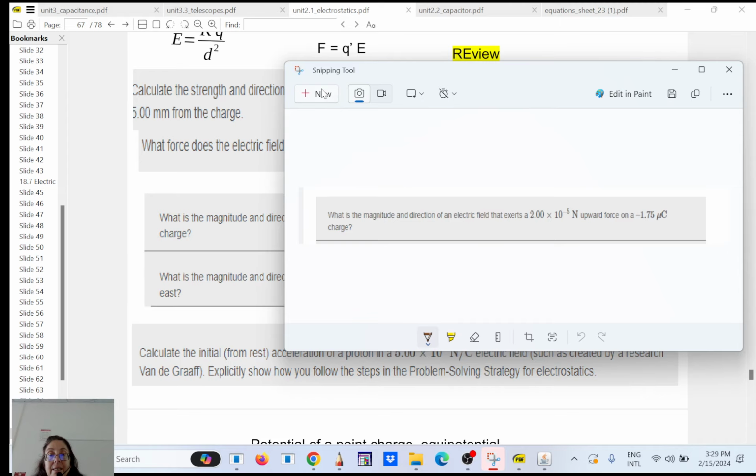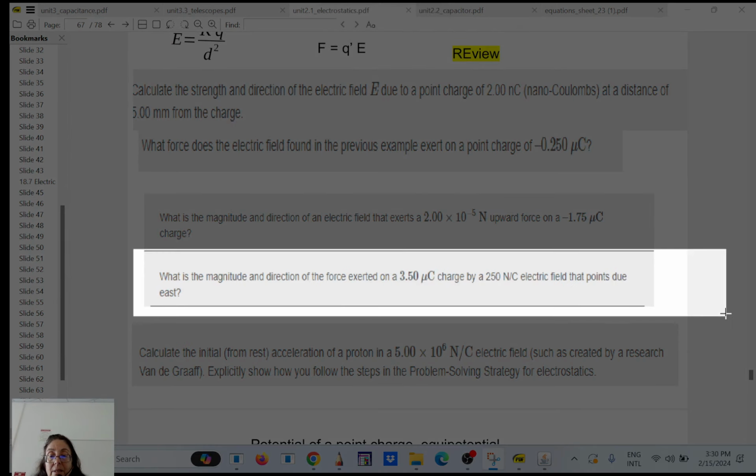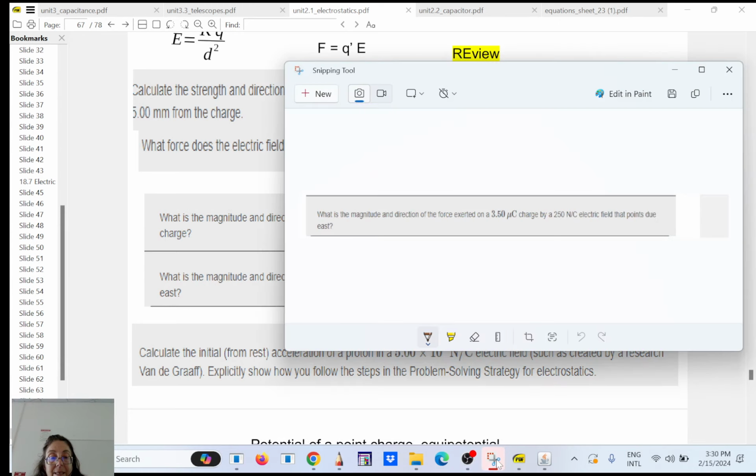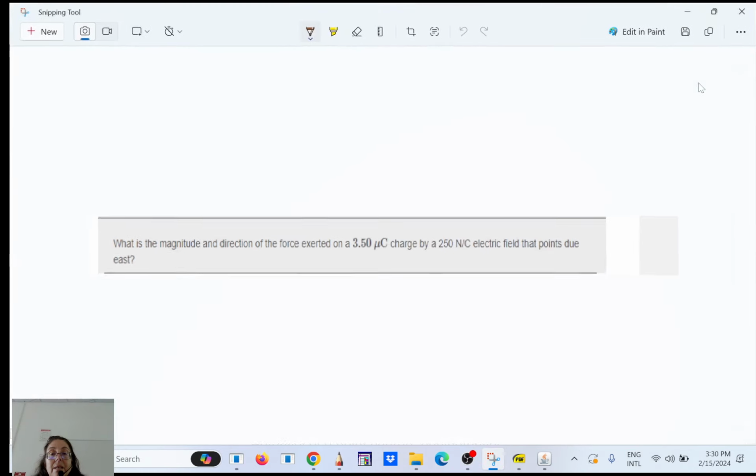Okay, let's try to do the next one. I have an eye on the clock. East is where? This is west, this is east. The electric field is east. So the force will be where?